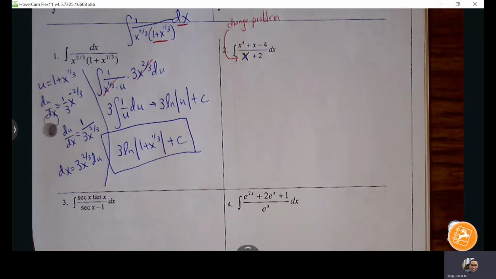Okay, number 2, you're changing that problem in that denominator to be just x to the first power.